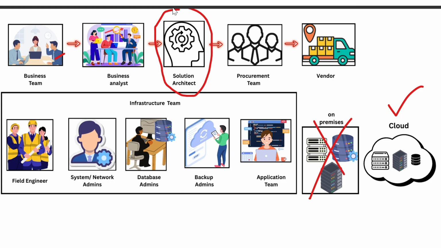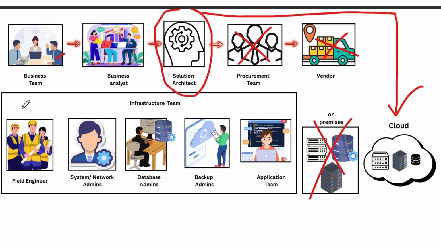He designs everything. Whatever resources he needs will be provided by the cloud provider. That is the first point. So the cloud provider is providing, then you need not keep a request to the procurement team. Then for the vendor also, you don't need it. Why? Because you are not using any infrastructure physically. Everything you are going with the cloud itself. So no need of any vendor here.